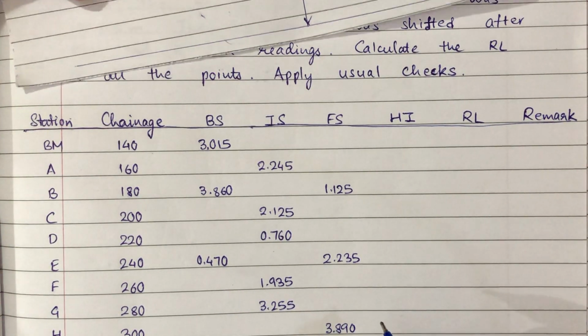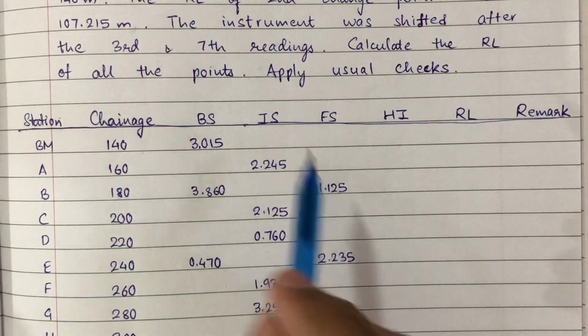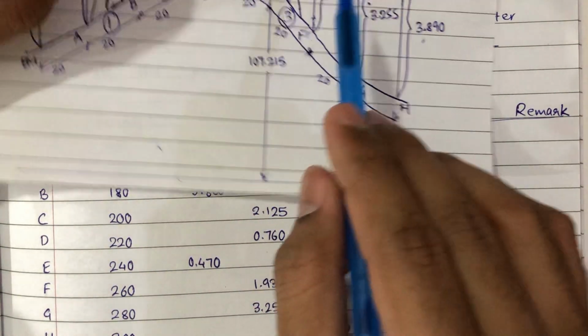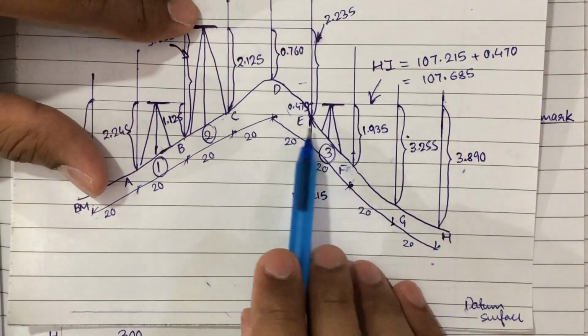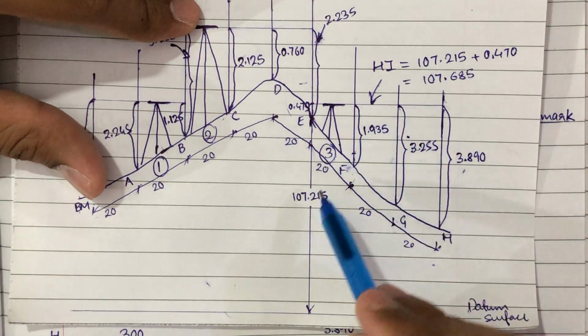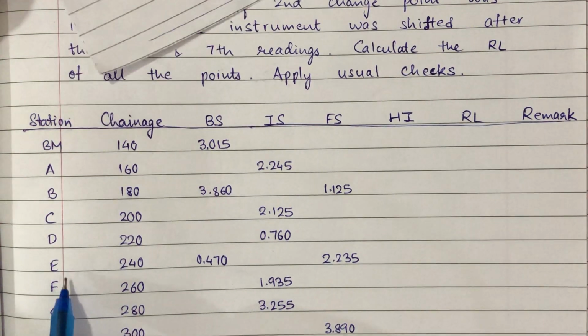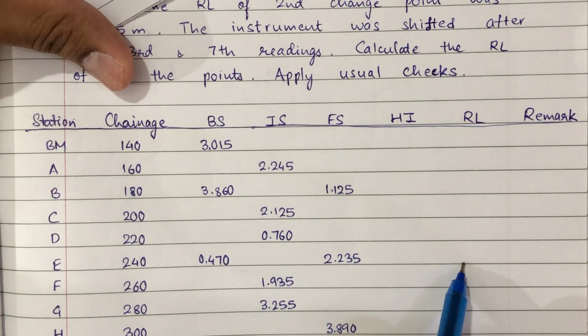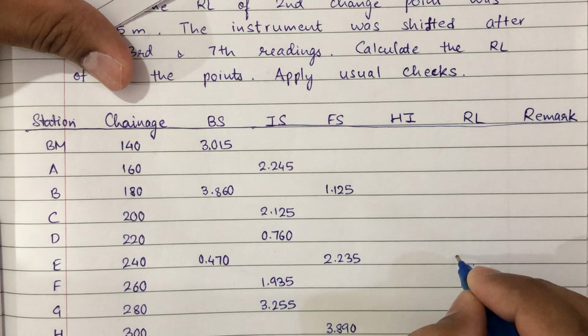Now what else is given? RL of second change point is 107.215, means the second change point is this point E. So RL of this point E is given as 107.215.